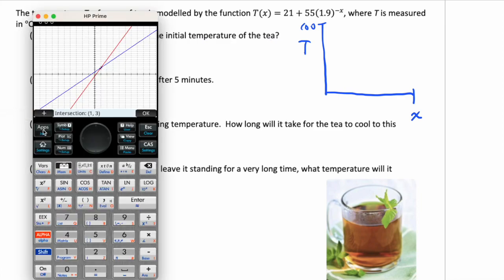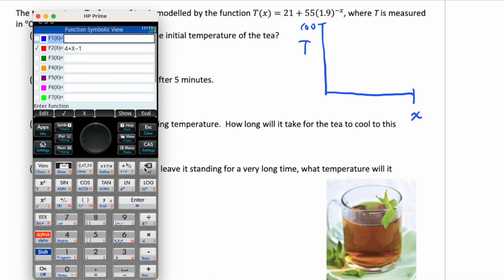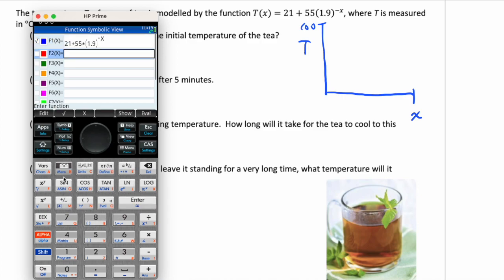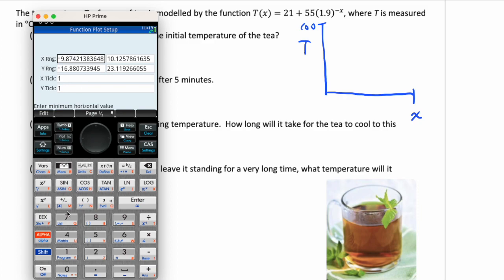So let's take a look at it on a graph here. We've got 21 plus 55. All right, let's just type it in. And let's go to shift plot and pick our values.